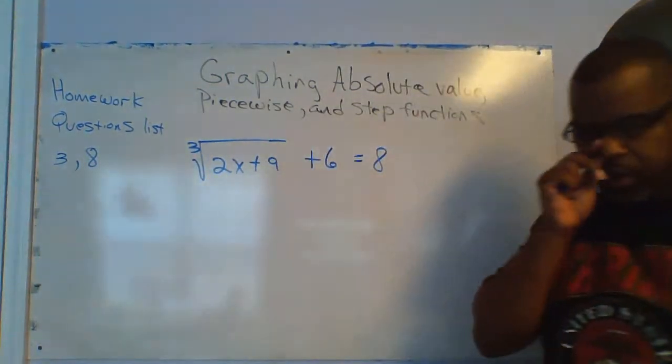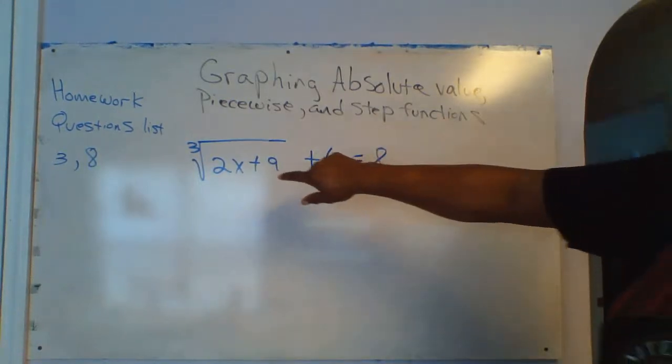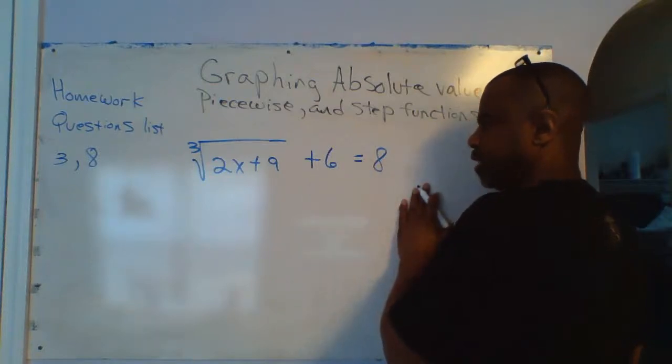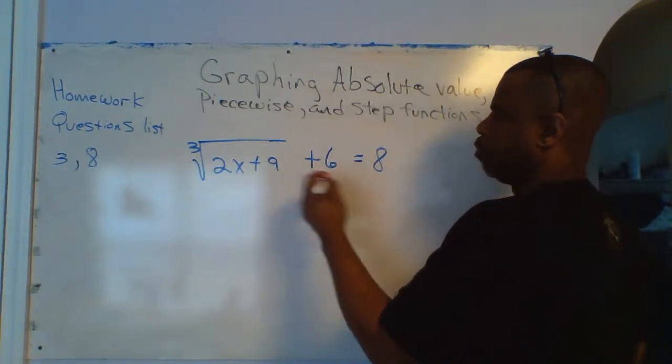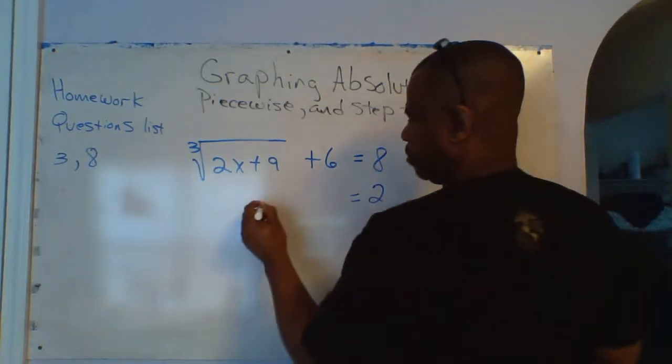If you're working this problem out, your root has to be isolated. You can't cube both sides yet because you have to get rid of this. So if we subtract 6 from both sides, that gives us 2.